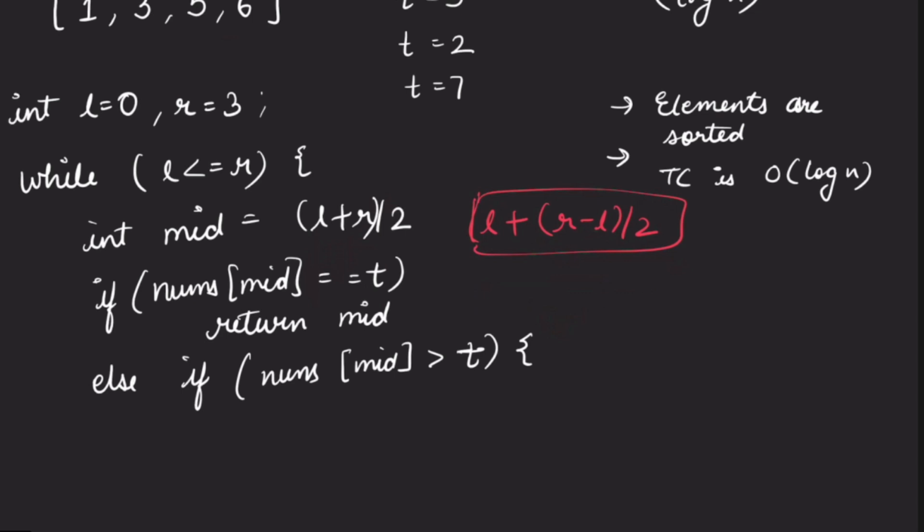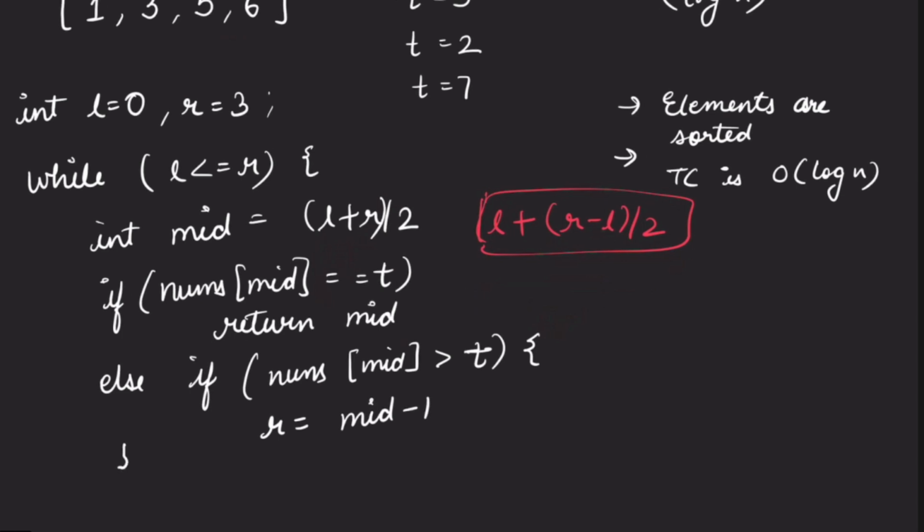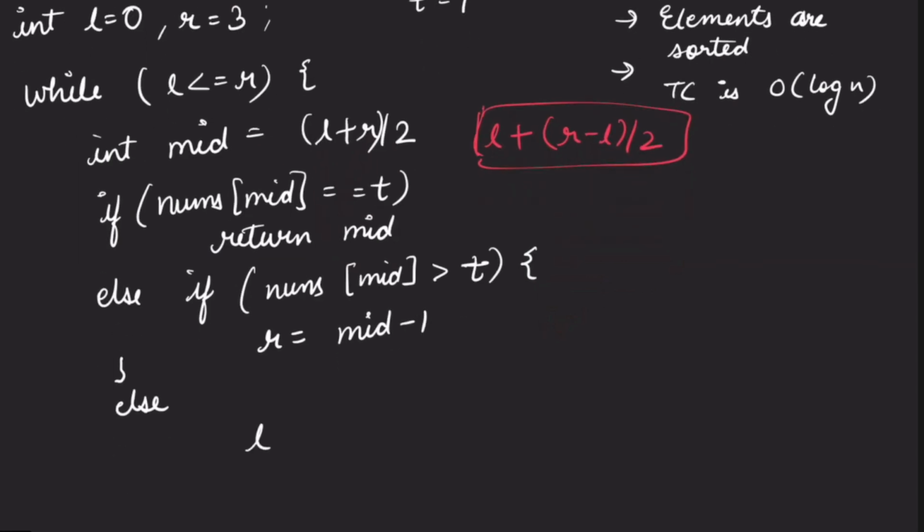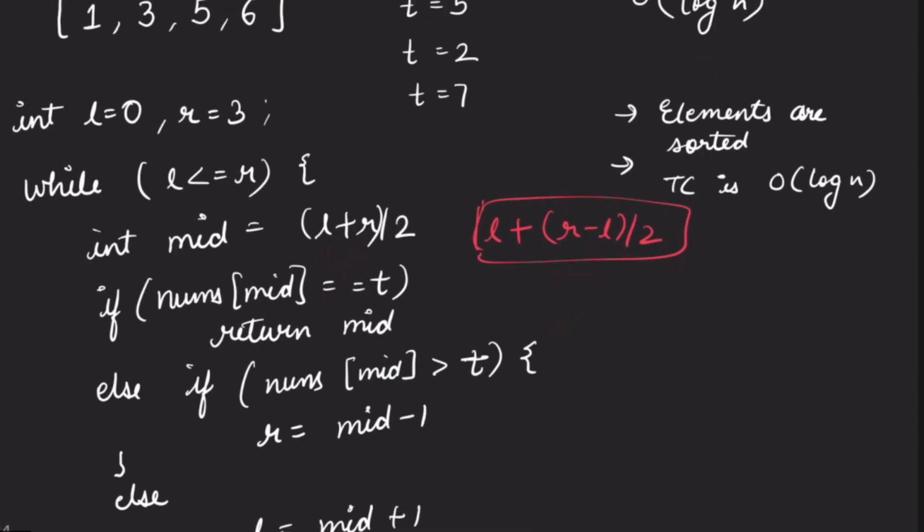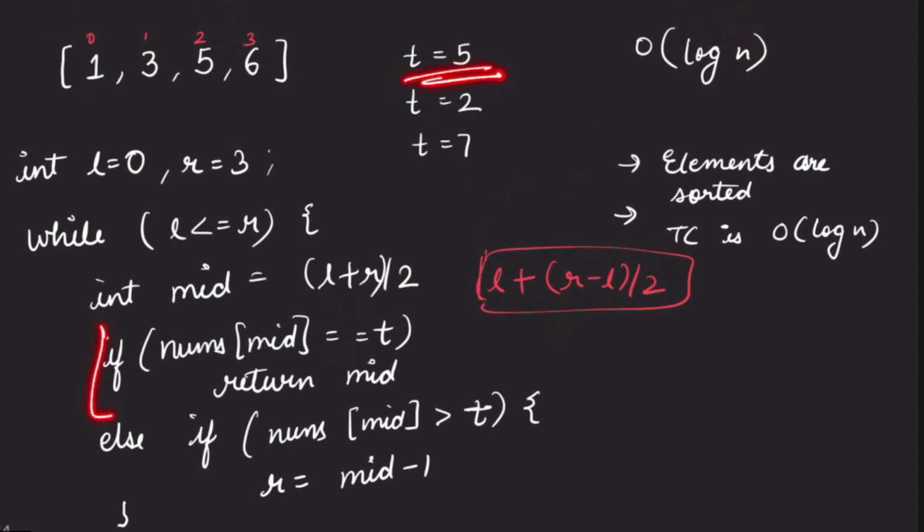That's why we reduce our R, so we do R = mid - 1. Otherwise, we do L = mid + 1. So at the end, when our target is present, this condition will be true and this will return the mid, right? Now coming towards the case where our target is not present.